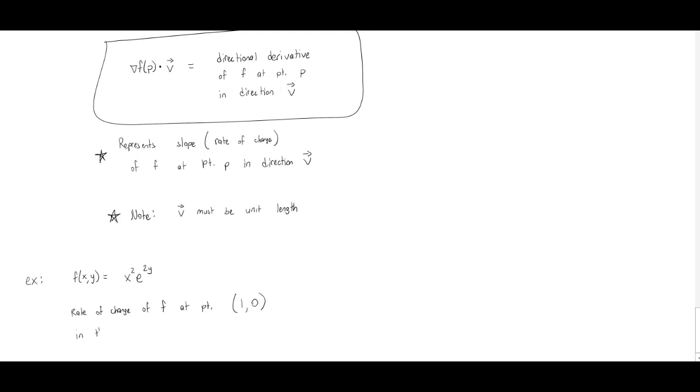Let's say I want to find the rate of change in the direction... or actually, no, this is 2 variables. So I should just do 1 and, okay, it doesn't matter. I'll do 1 and 4. Okay?